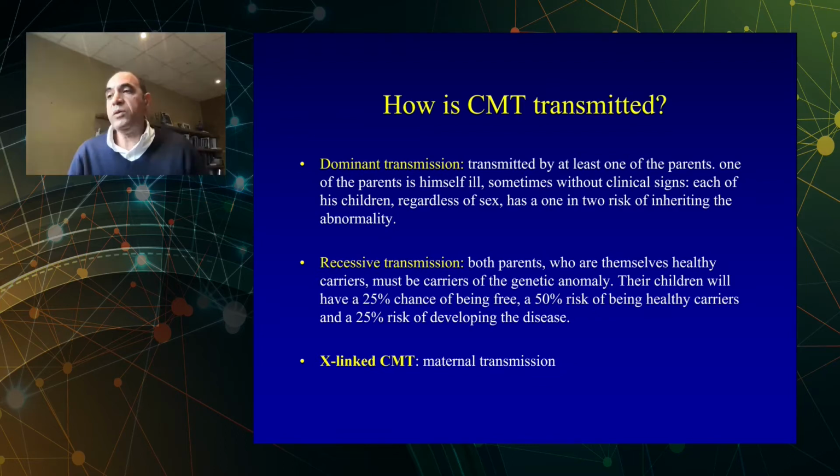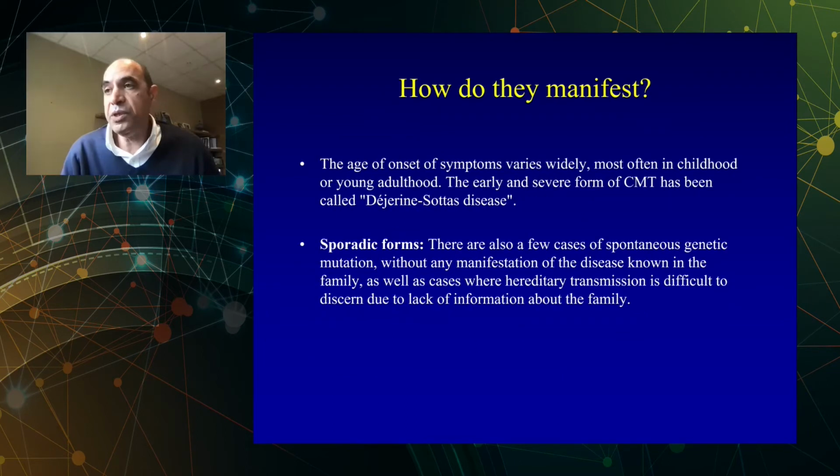In recessive transmission, both parents, who are themselves healthy carriers, must be carriers of the genetic abnormality. Their children will have a 25% chance of being free, a 50% risk of being healthy carriers, and a 25% risk of developing the disease. And finally, X-linked CMT is of maternal transmission.